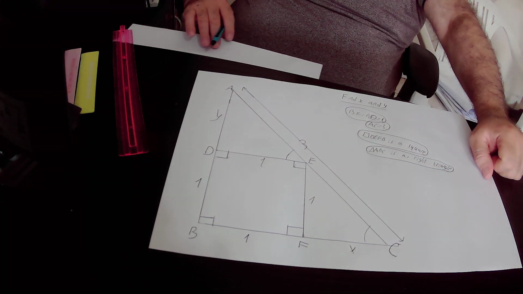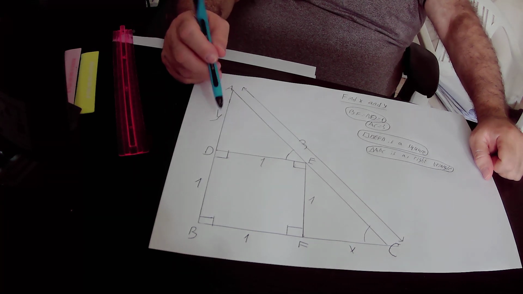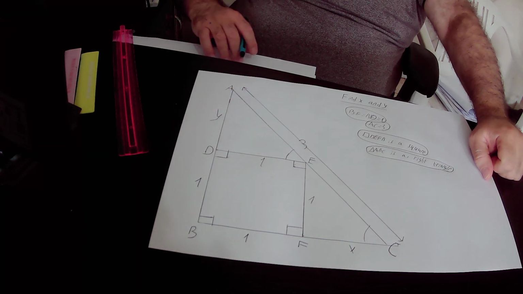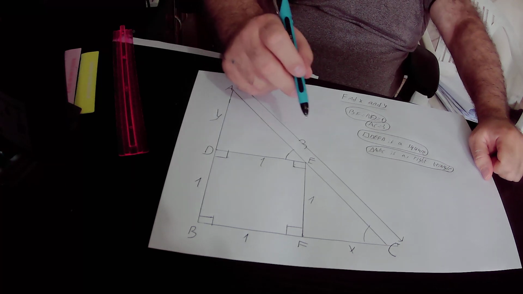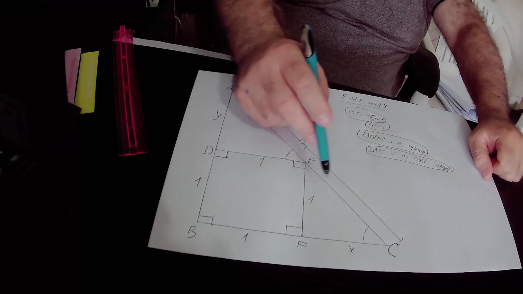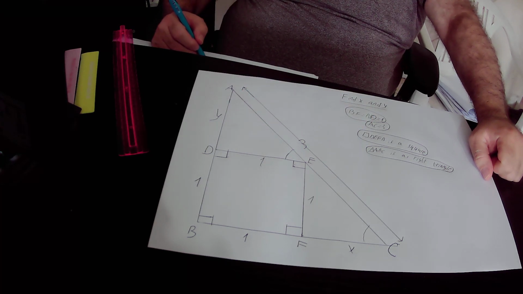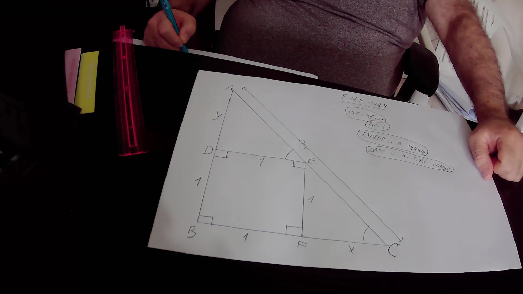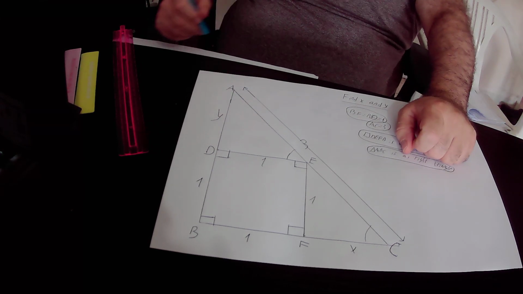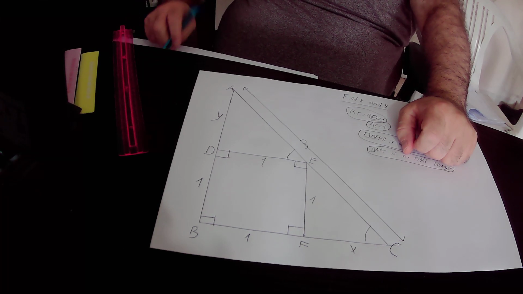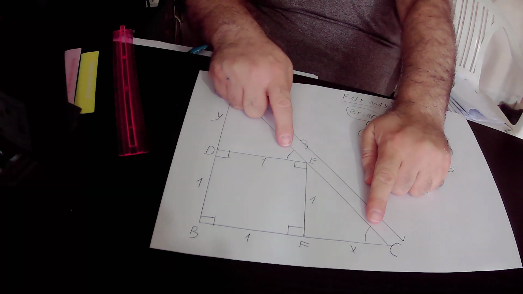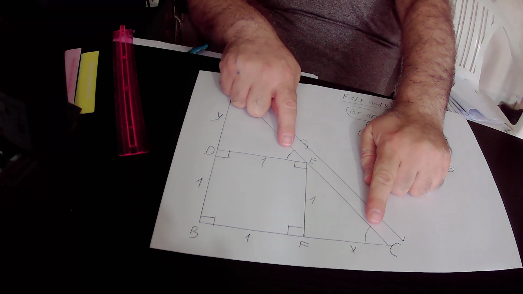So we can write down that angle DEA equals angle FCE, and those two angles are equal to each other according to rule number 1 because they are located between the parallel lines DE and BC.